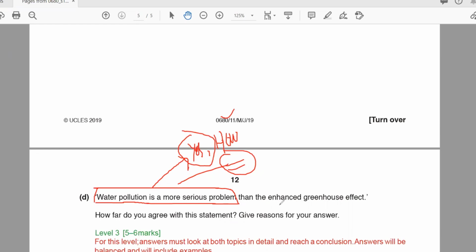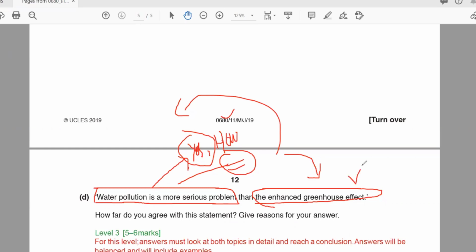After that, what will you do? Then you will talk about the greenhouse effect. You will explain why the greenhouse effect is less dangerous than this one. Here you can say that with greenhouse gases, the temperature of the earth is increasing, but that can be controllable.